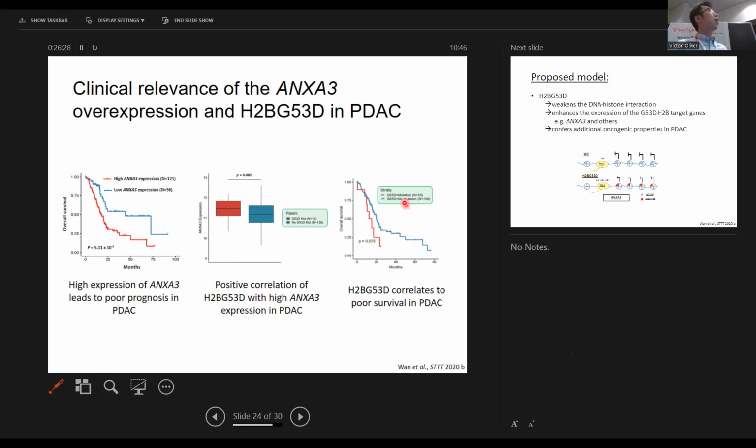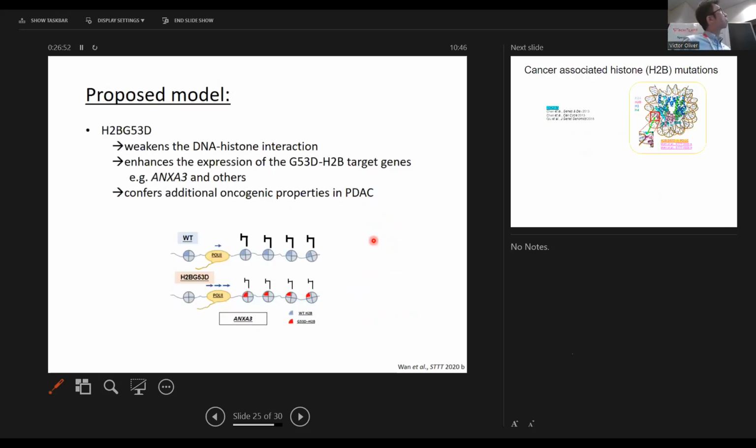With the limited number of patients, 146 PDAC patients available in the TCGA database, we are able to find a correlation between the presence of the H2B G53D mutation and poor survival in the disease. It is not statistically significant, perhaps because of the low number of patient samples available in the TCGA database.